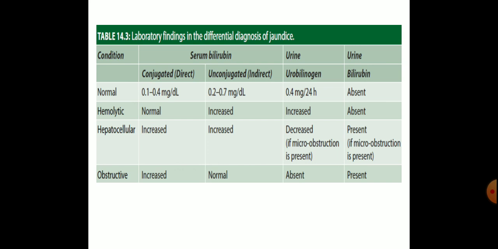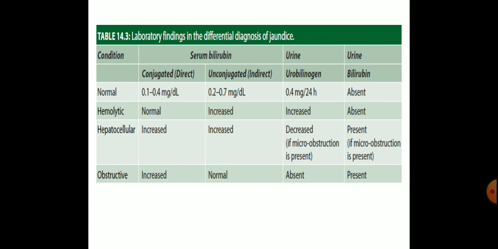So here is the flow chart. You can see in the normal person, the conjugated bilirubin level is 0.1 to 0.4 milligrams per deciliter, and this conjugated or direct bilirubin is normal in hemolytic jaundice, but it is increased in hepatocellular and obstructive jaundice.